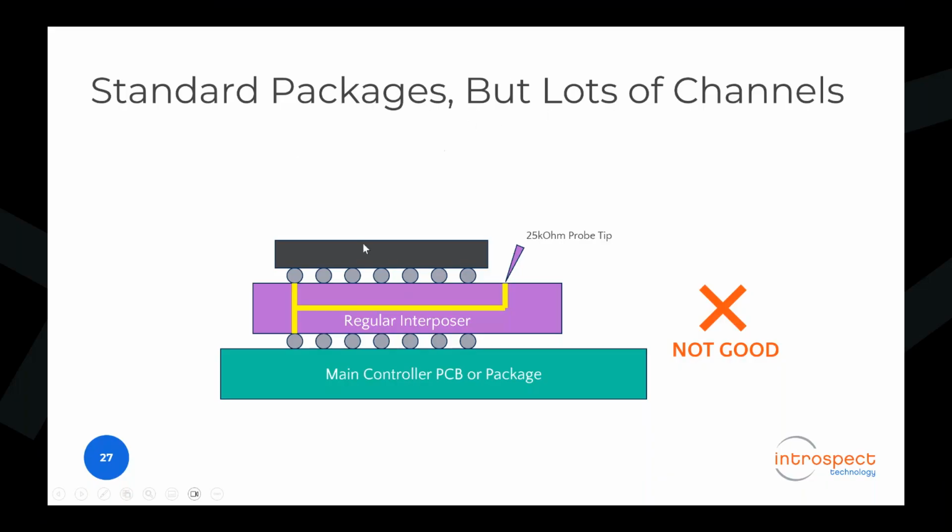So for example, if you have to probe an LPDDR package on a live form factor, you'd create an interposer like we're showing here in the purple block. But because of the number of channels and because the scope probes are third-party probes that get attached outside of the interposer, you'll end up with stubs like the yellow trace that I'm showing here. This is just the necessity of routing a few millimeters through the BGA array out to the solder point for the active probe.